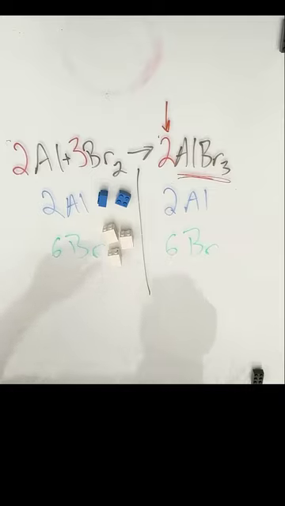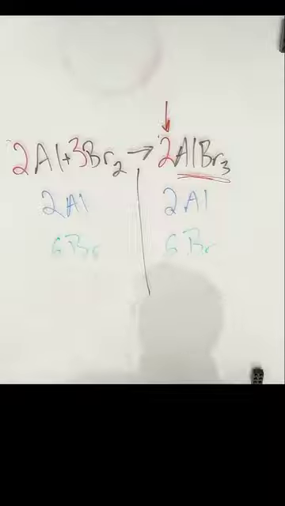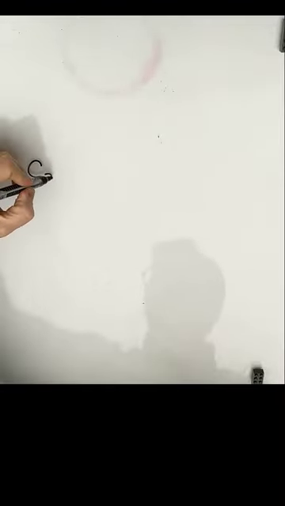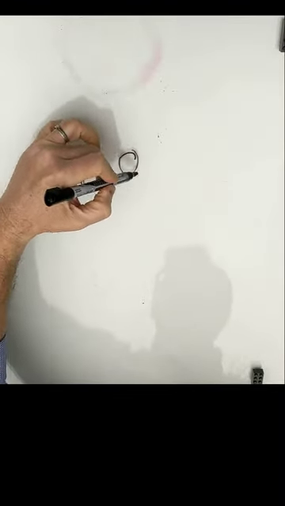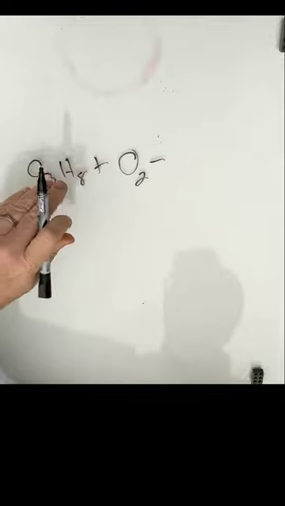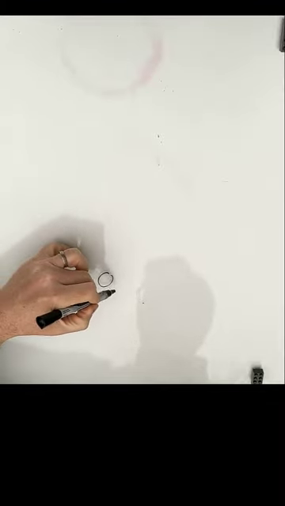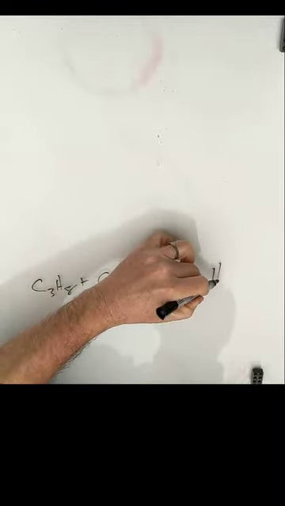Okay, so let's take a look at a reaction that has 3 elements. So propane, which is C3H8, reacts with oxygen to form, I'll move this down a little bit, propane plus oxygen produces CO2 and water.